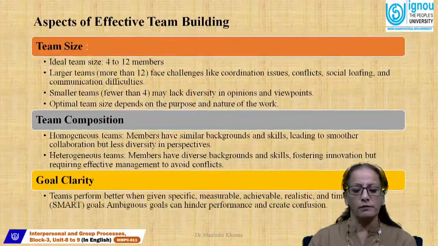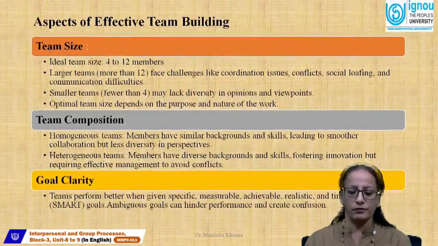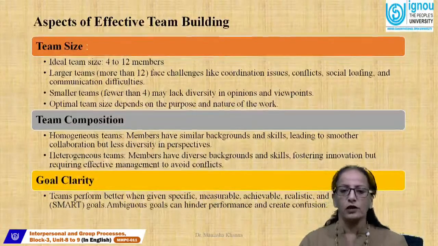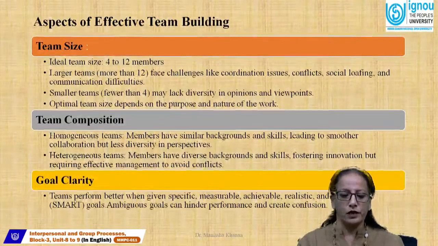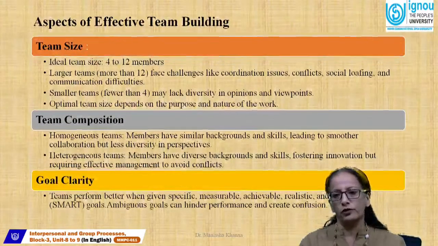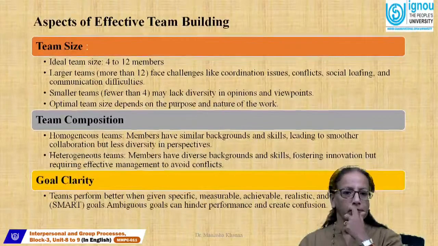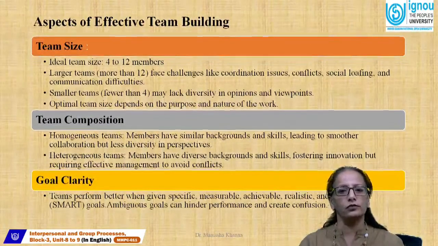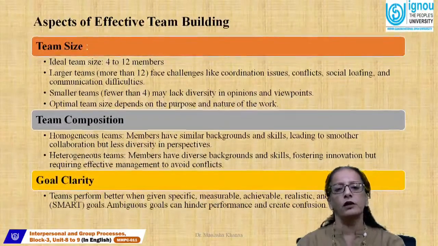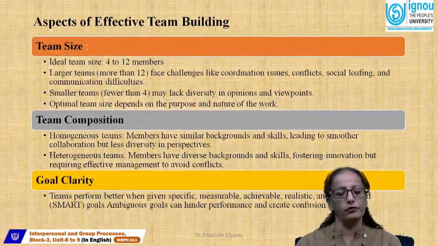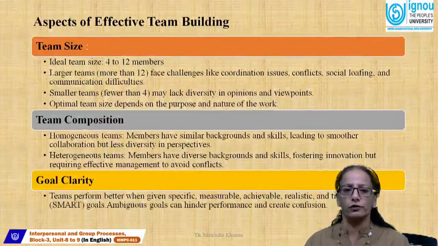Whereas if the members have diverse backgrounds, different skills, different backgrounds, it fosters innovation but requires effective management to avoid conflicts. That is known as a heterogeneous team, important where complex subjects are there and different opinions and perspectives are required from people of different backgrounds.